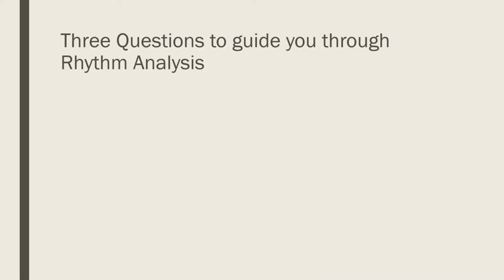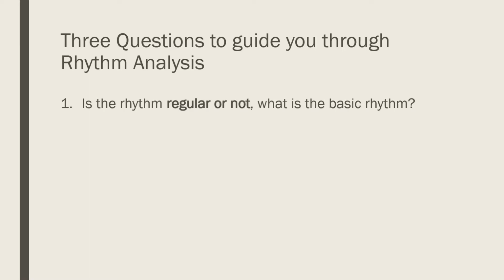When you see a strip of ECG and you want to interpret the rhythm, there are three questions to guide you through rhythm analysis. First, is the rhythm regular or not? And what is the basic rhythm?